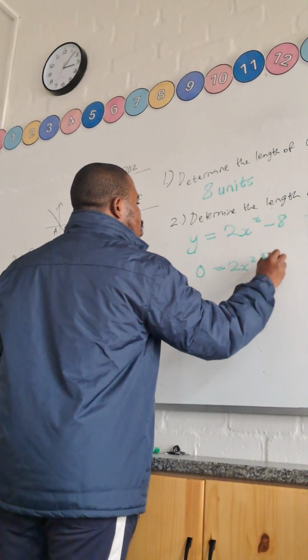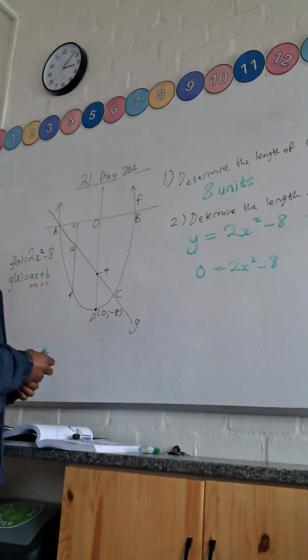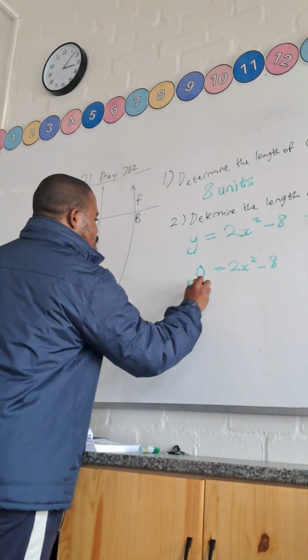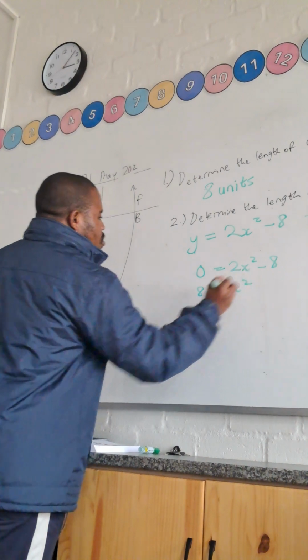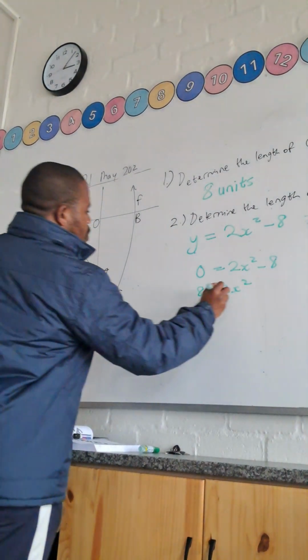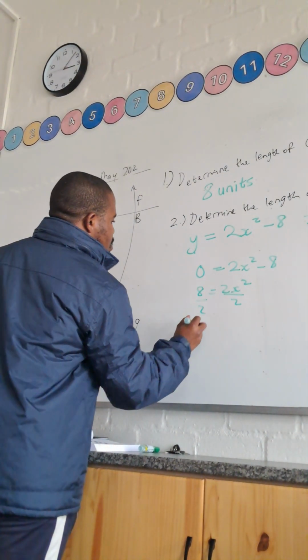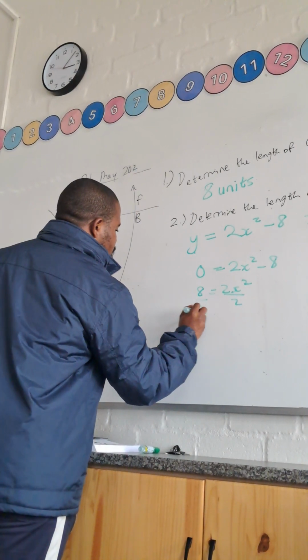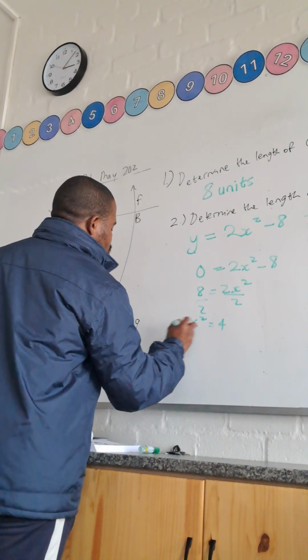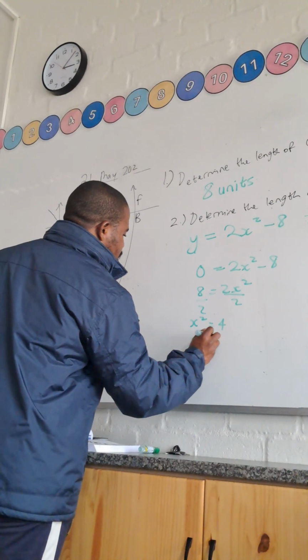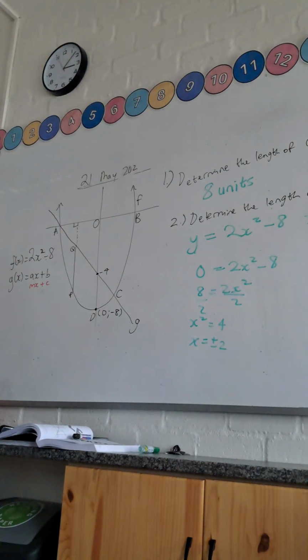So 0 is 2x squared minus 8. Then what do we get? 8 is equal to 2x squared. And we divide by 2, both sides. We get x squared is equal to 4. You square root both sides, you get x equals plus or minus 2.